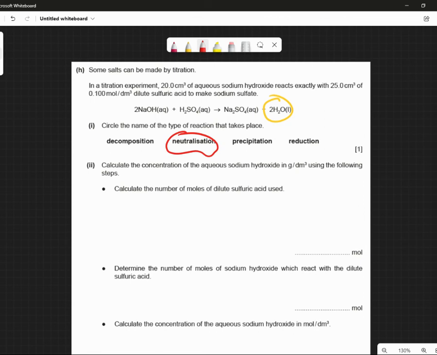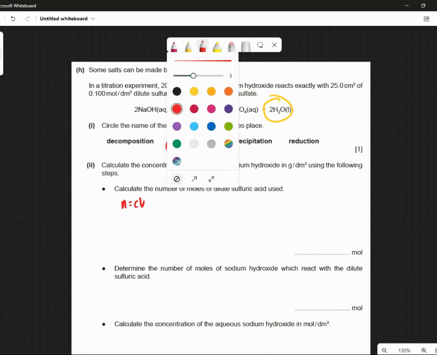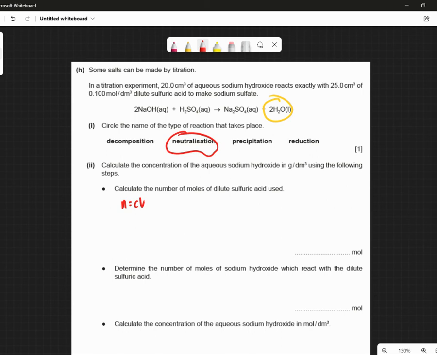Now, calculate the number of moles of sulfuric acid used. We've got our equation. Number of moles is equal to CV, concentration times volume. Concentration of the sulfuric acid is 0.1 times the volume of sulfuric acid, which is 25 cc.